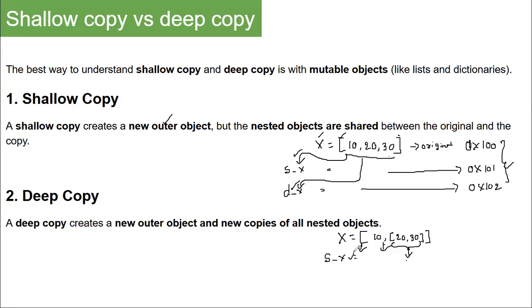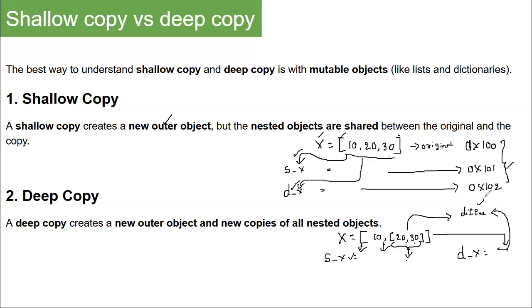I will take one simple example, then you can understand more. Similarly for deep copy, the data is the same, but the nested object address in the deep copy is different from the nested object address in the original data.